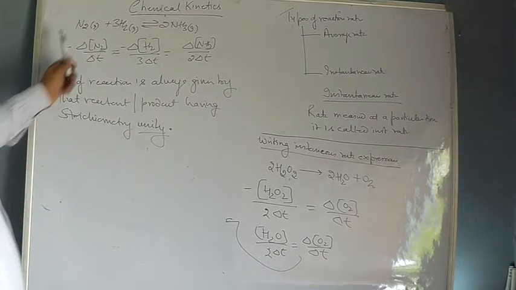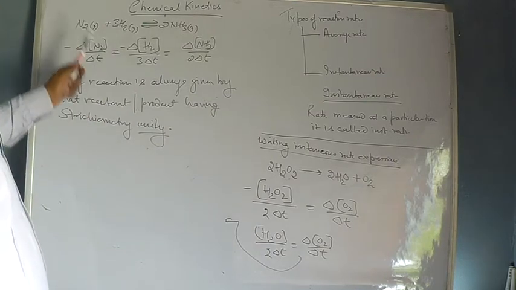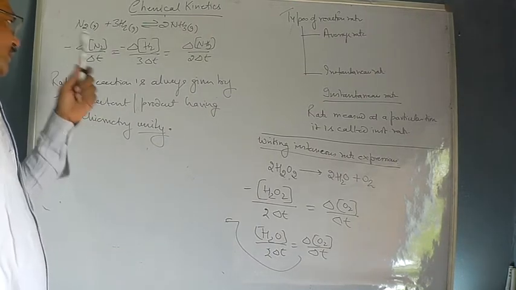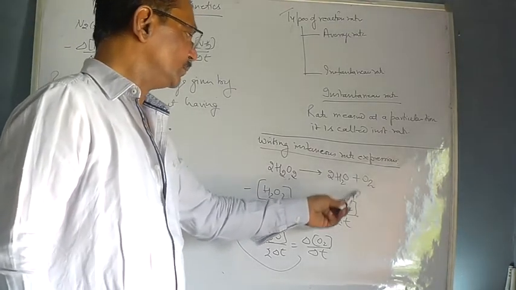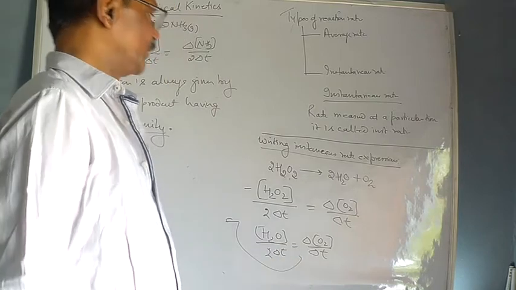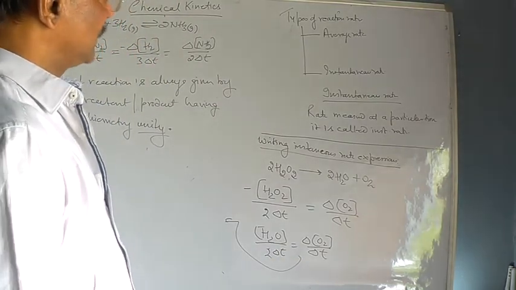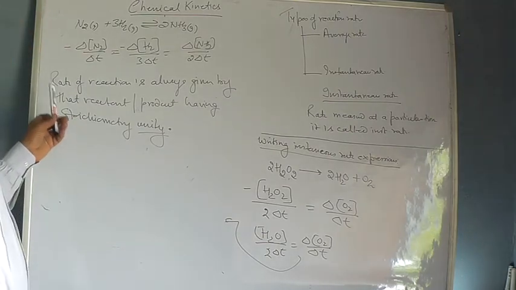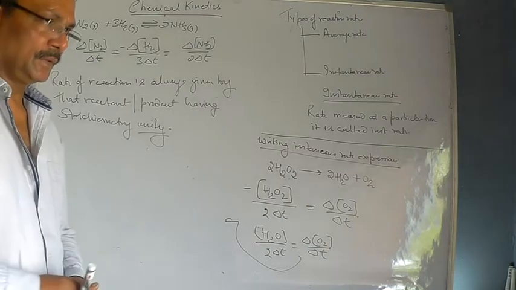So if you consider this reaction, stoichiometry of nitrogen is 1, so nitrogen will be giving us the rate of reaction. Similarly, here O2 has stoichiometry 1, so rate of reaction will be given by oxygen here. So class, remember very well that rate of reaction is always given by that reactant or product having stoichiometry unity.